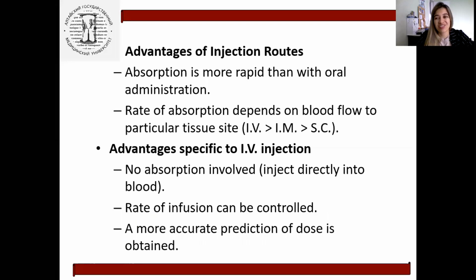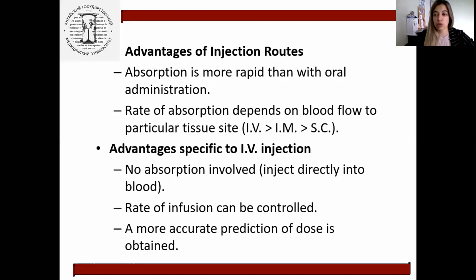And specifically for intravenous injection, we inject our drug directly into the blood. The rate of infusion can be controlled, and a more accurate prediction of dose is obtained. So what does it mean? It means that if I want to give 20 milligrams of omeprazole to my patient, and I give 20 milligrams directly in the blood, I'm sure that 20 milligrams are there in the blood.